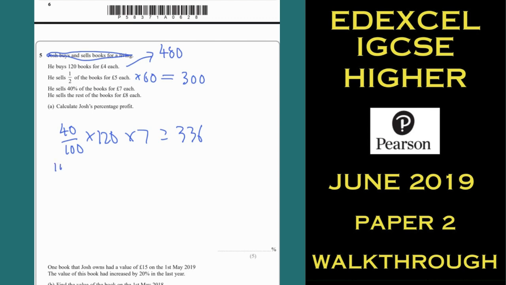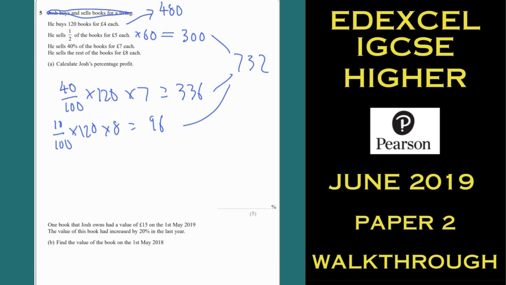So we've now got to work with 10% of the 120, make him £8 each, 96. So how much does he make in total? Not his profit. He takes £732 in. Now you can move on.